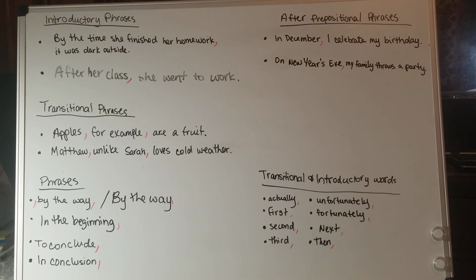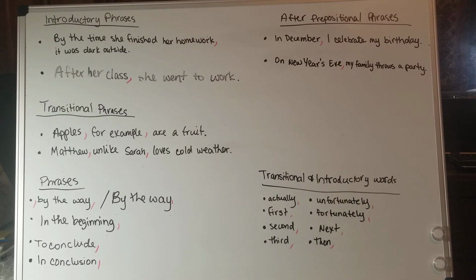So on is a preposition, and then on New Year's Eve, that's a prepositional phrase. So on New Year's Eve, comma, my family throws a party. And that could also be part of the introductory phrases, right?